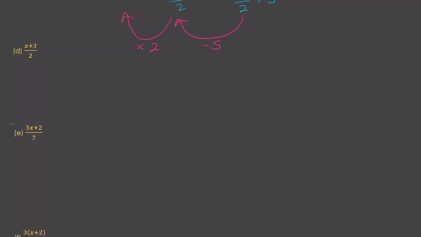So the first thing that happens here is that we add 3 to give x plus 3, and then the whole of that x plus 3 is divided by 2, so that's x plus 3 all over 2. To reverse that one, we're going to multiply by 2 and then subtract 3.